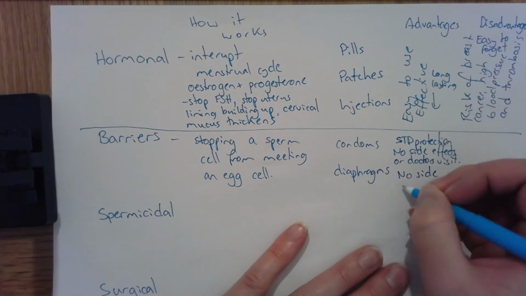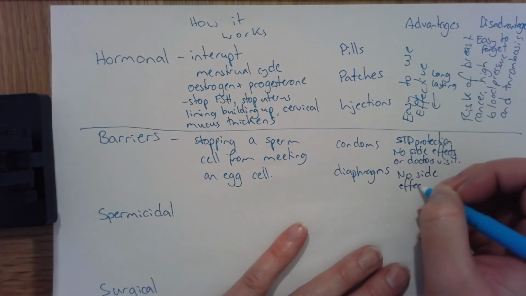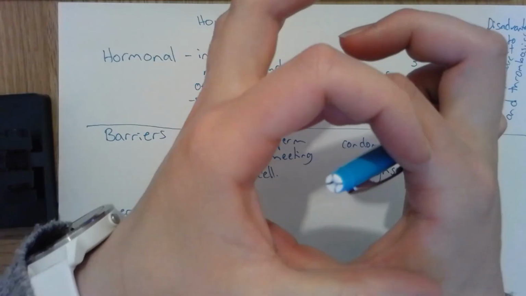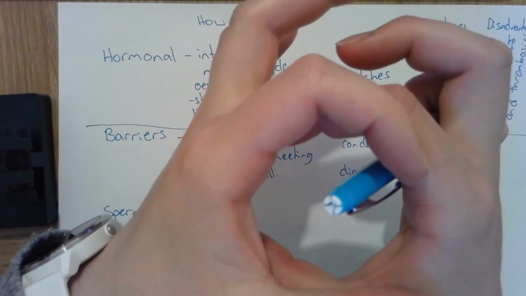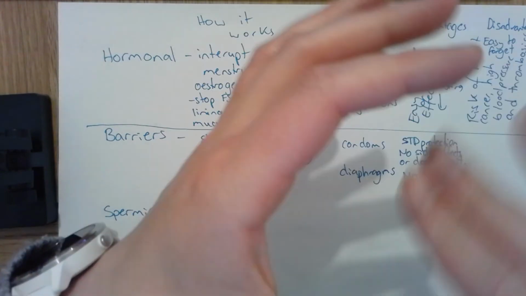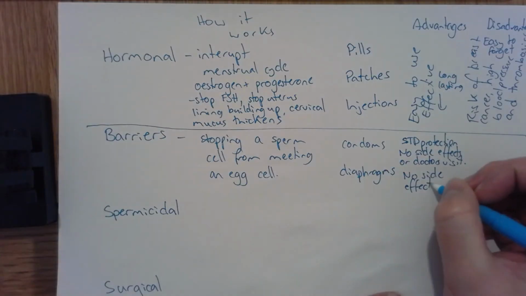So the diaphragm works similarly to a condom, but instead of going over the penis, it actually sits at the opening to the cervix, and it's a small disc of rubber, about this big, and it sits over the opening of the cervix, so the sperm can't get up into the uterus to meet the egg.